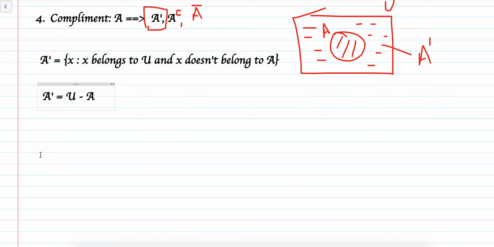Now we will look at some properties which will help us in solving some practical problems.